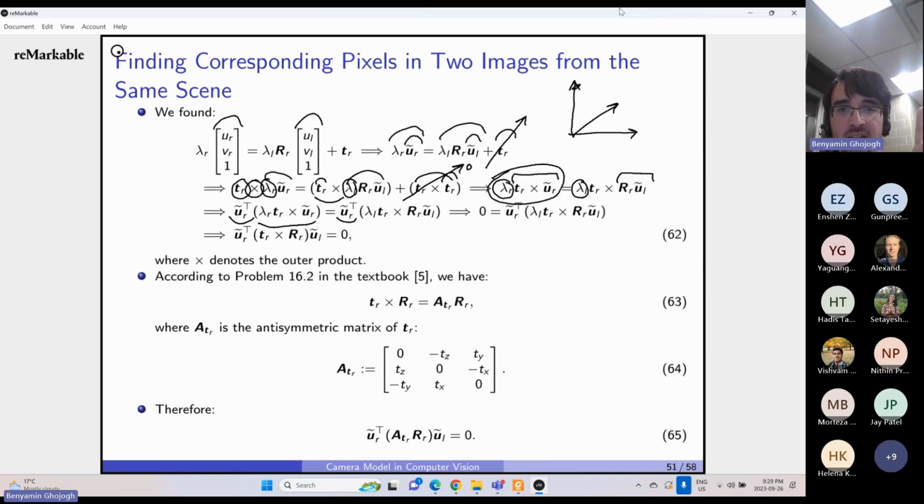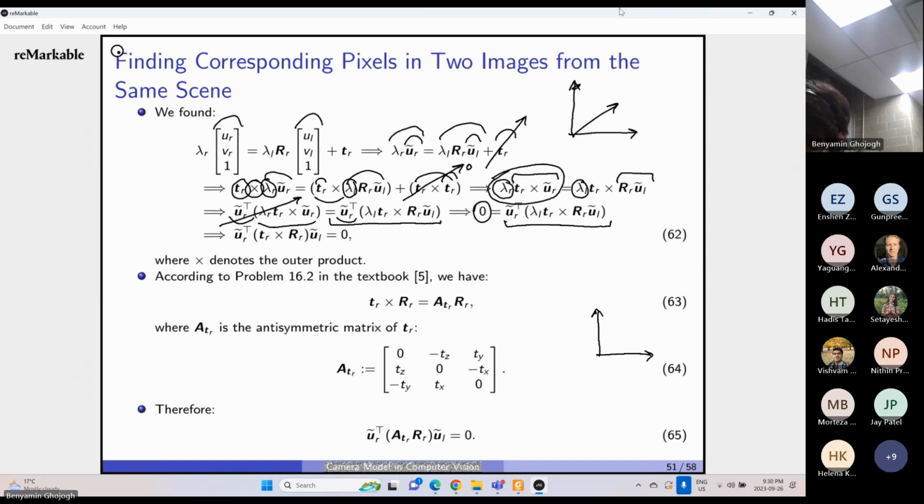I want to get rid of that, and I know that the result of this must be perpendicular to UR tilde. Do you agree? Because this is TR outer product UR tilde. I know that TR anything outer product by UR tilde is perpendicular to UR tilde. If I have the inner product of that with UR tilde, the inner product becomes 0, because inner product of two orthogonal vectors becomes 0. So this term goes away completely, becomes 0, scalar, right? And I have the rest.